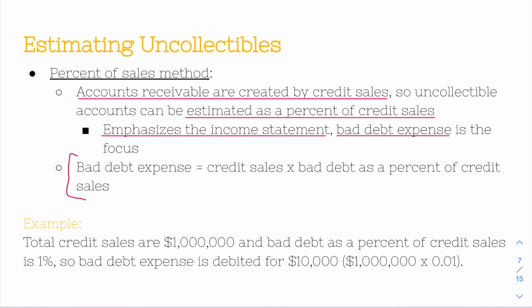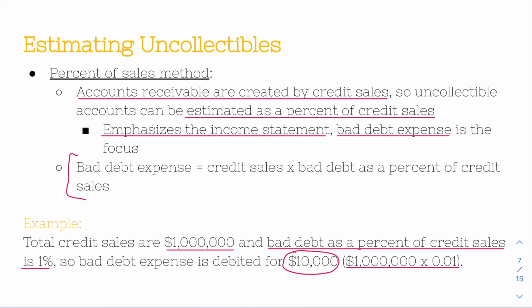So in the example, it tells us that total credit sales for the year are $1 million, and bad debt as a percentage of credit sales is 1%. Using that, your bad debt expense would simply be $1 million times 1%, so you would get this $10,000 as your bad debt expense. And once you had that, you would do your normal adjusting entry creation.